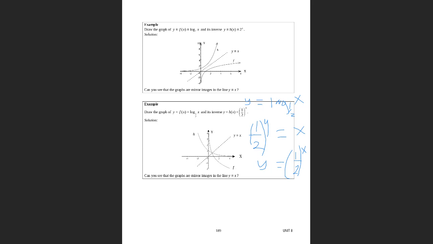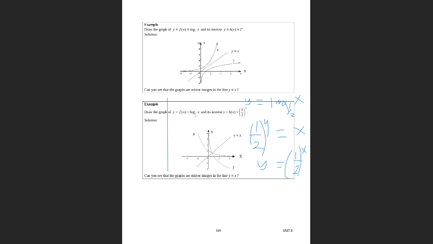From here, once you know the original graph, let us remember from the beginning that if your base is greater than 1, your graph is an increasing function, and if your base is between 0 and 1, your graph is a decreasing function.